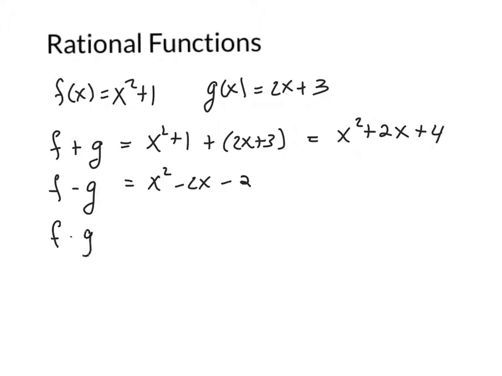So I could multiply them together. I could look at f times g, x squared plus 1 times 2x plus 3. Okay. And so in order to do this, we'd have to FOIL this out, right? So we would get 2x cubed. So if I multiply the first two terms, right, so 2x cubed.